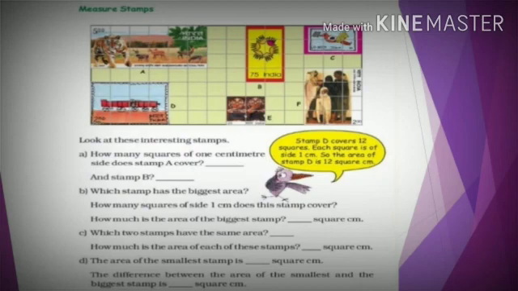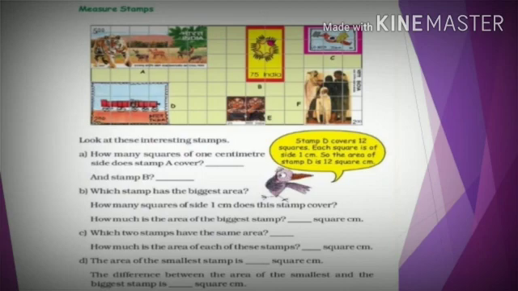Now part D. What is the area of the smallest stamp? The area of the smallest stamp E is 4 square centimeters. Why? Because there are 4 squares inside this stamp. Now the next question is, the difference between the area of the smallest and the biggest stamp.